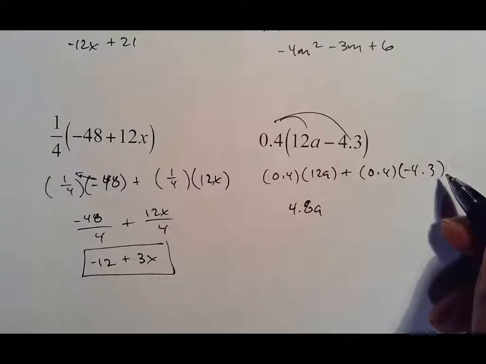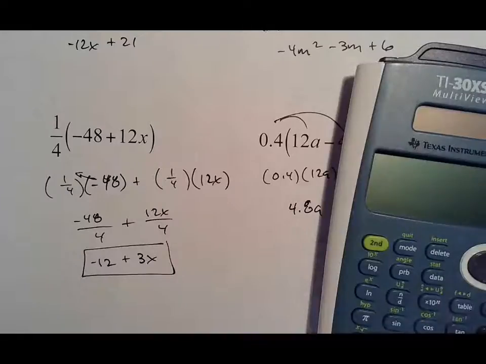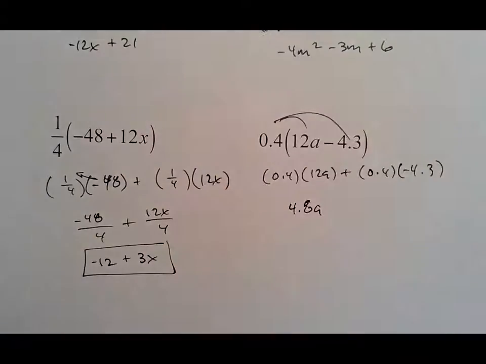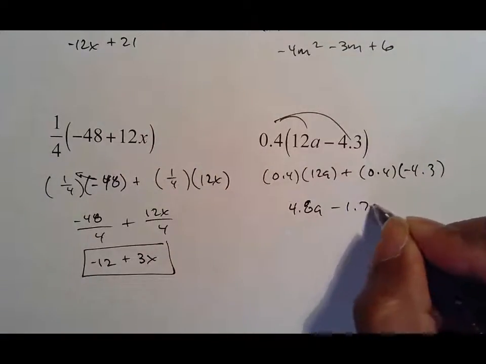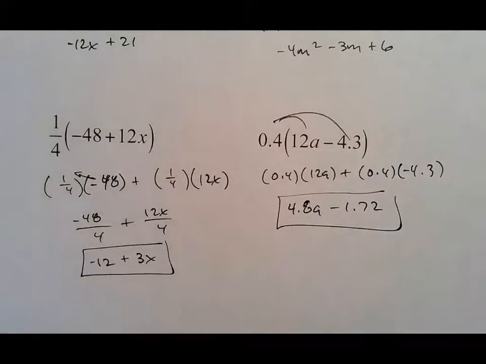With 2 decimals, is that 1.72? It is 1.72. So negative 1.72 would be there. And that is your answer.